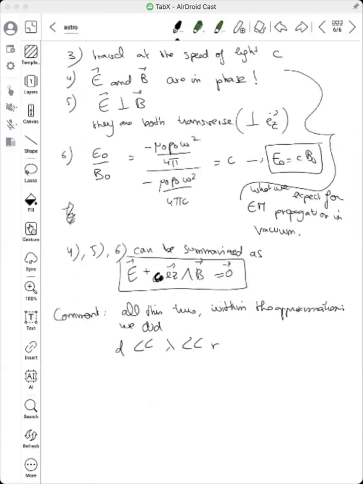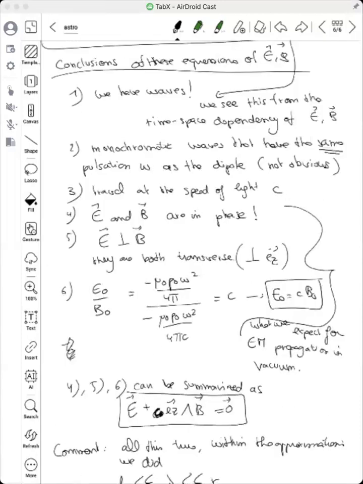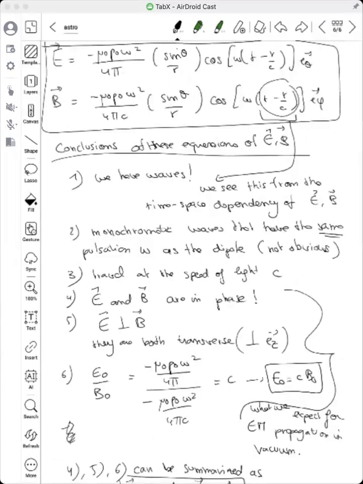Now, I have some more comments. Okay, so it's true that there are very many similarities with what we already saw, but there is also something new, which is this thing, right?